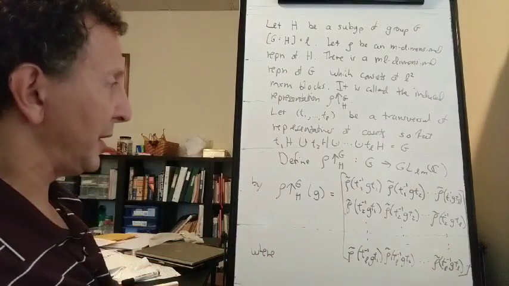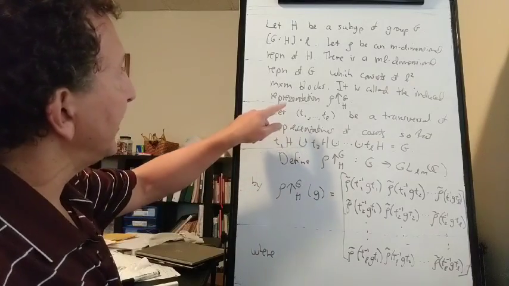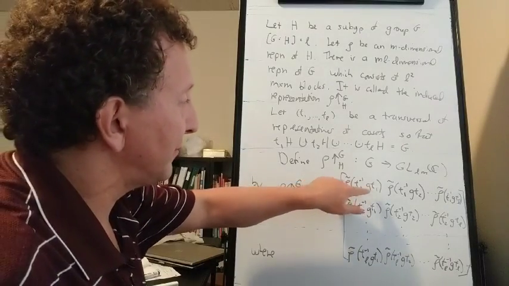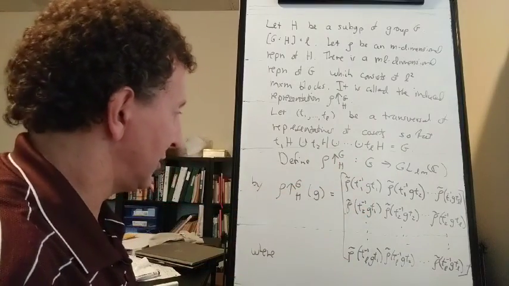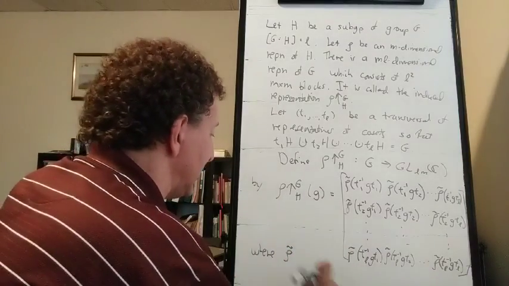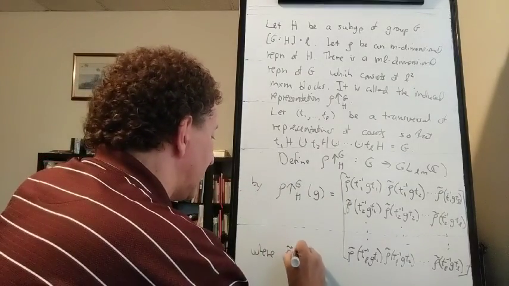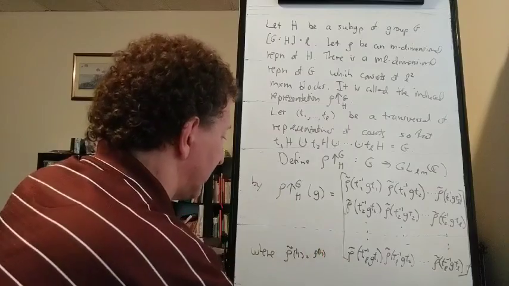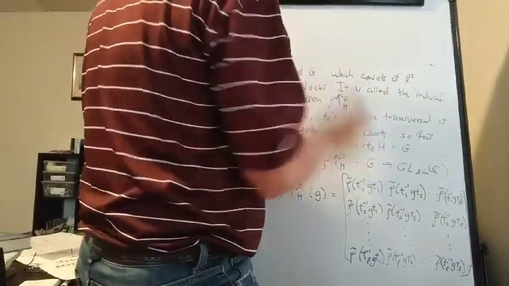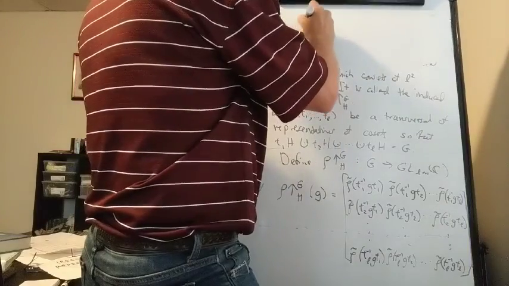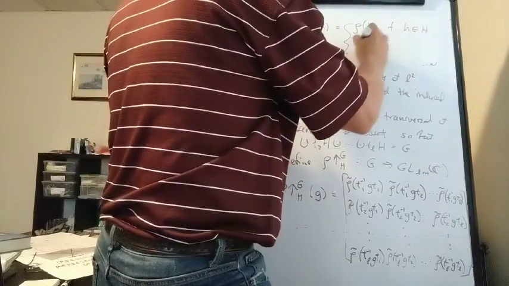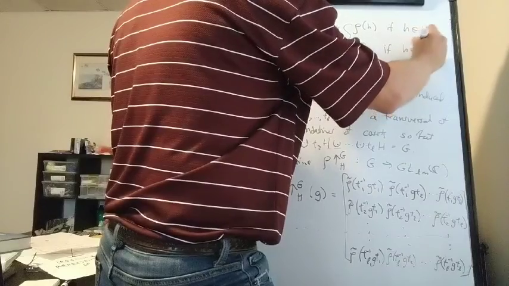Now if I put rho there, it would almost be a good definition, except rho itself is a representation of H. So it's only defined on elements that belong to the subgroup H. And sometimes when you do this funny conjugation, you get something that's not in H. So we'll say that rho hat of h equals rho of h if h is in the subgroup, and it just equals the 0 matrix if h is not in the subgroup.